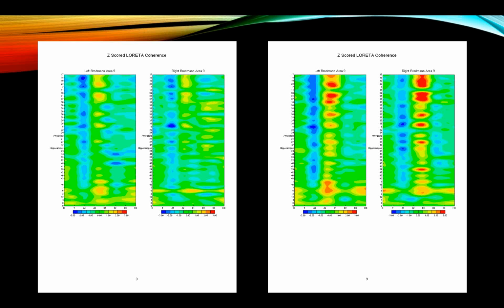Now, here we see what really got me excited. This is Z-score LORETA coherence, and what we're looking at is pre versus post. Pre is on the left, post is on the right. And on the left here, you can see this is Brodmann area 9, which is frontal lobe, and you can see this hypocoherence here in alpha.